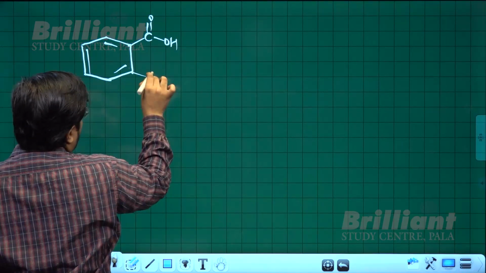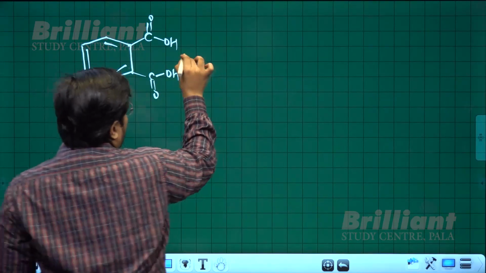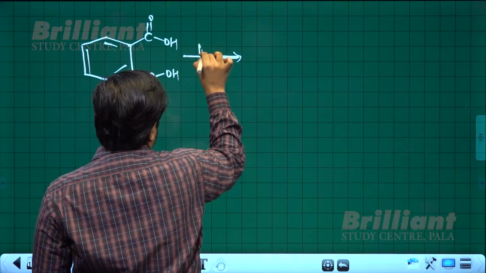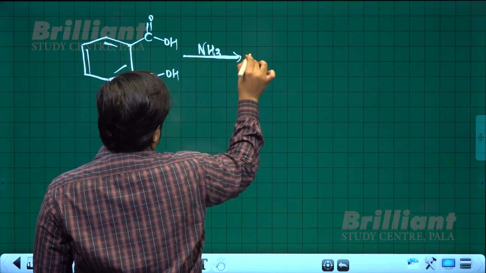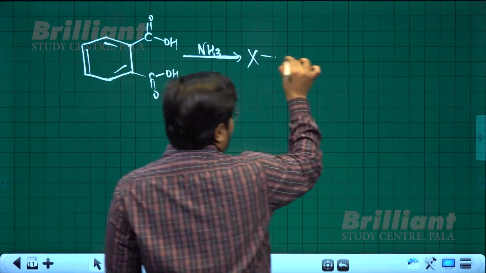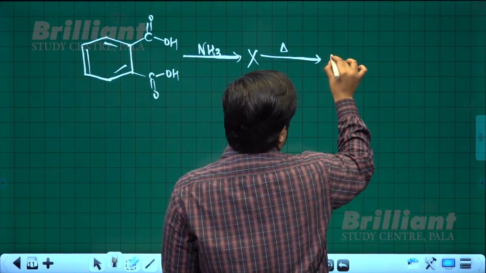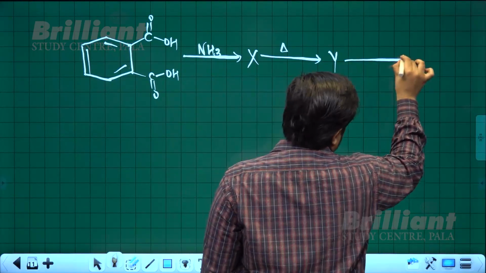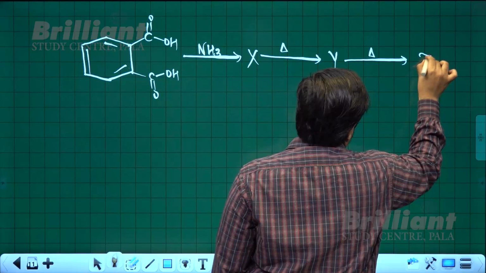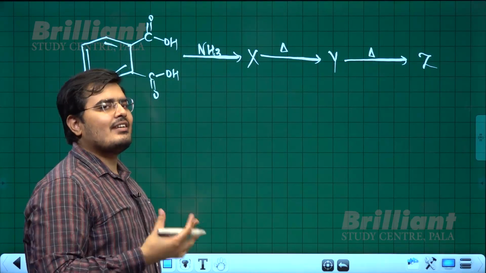This phthalic acid is treated with enough ammonia and we form X. This X is then strongly heated to get Y, which is then further heated to get Z, and the question is to find out X, Y and Z.